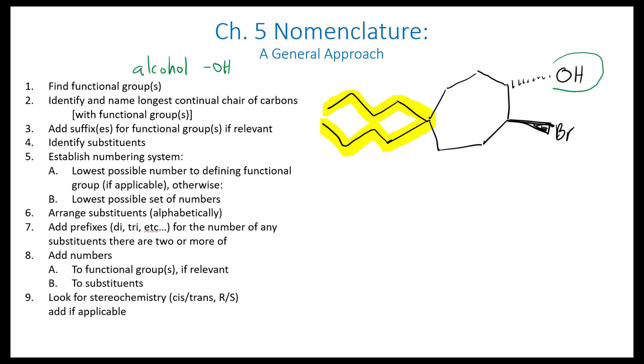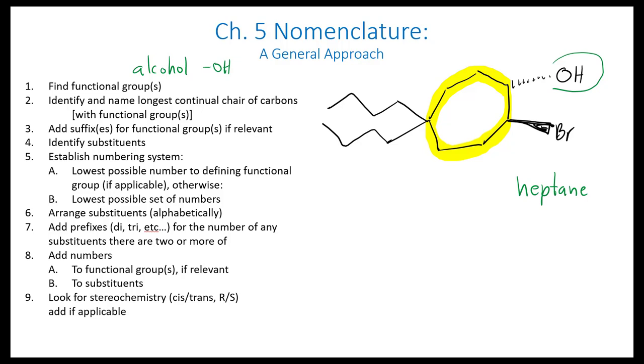And second, we have included a carbon here that is in both the ring and the chain, and therefore would be double counted, and we can't do that. So what we want for our longest chain then is not that, but rather the ring, which has 7 members.